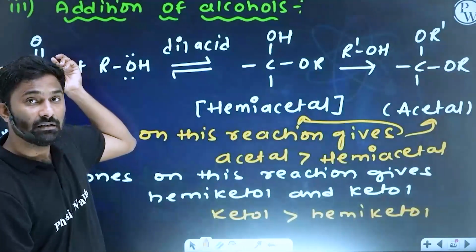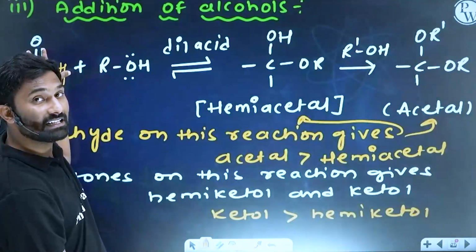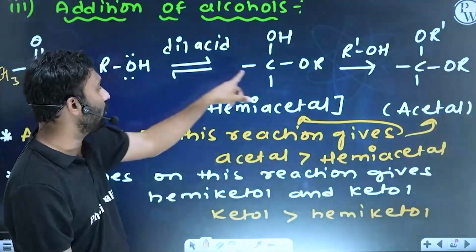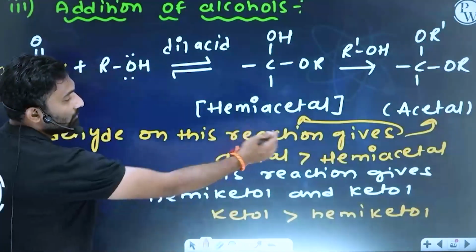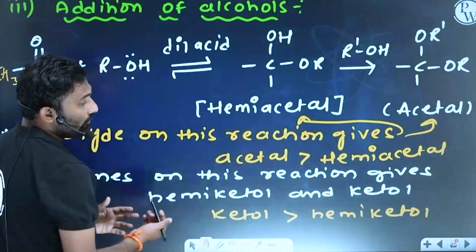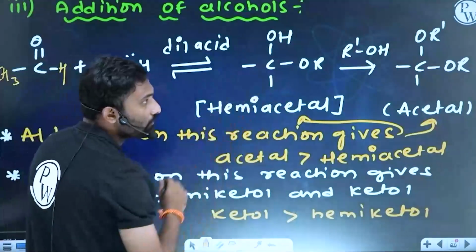If it is an aldehyde, the reactant is an aldehyde, and it will give hemiacetal and acetal. Between acetal and hemiacetal, acetal is more reacting.